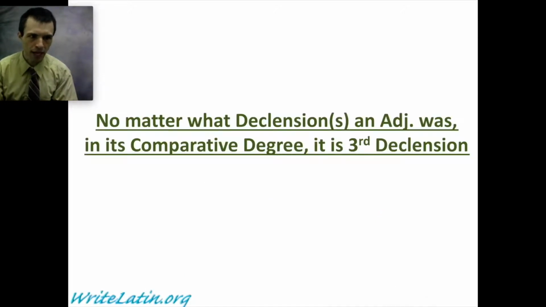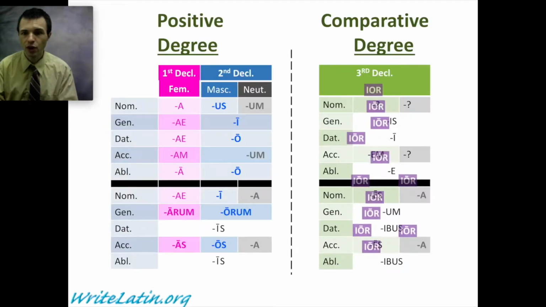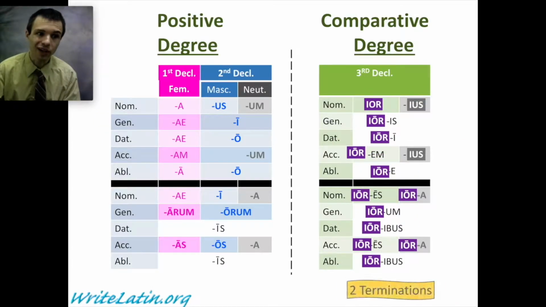Well, here's the main rule. No matter what declension an adjective was in its base level positive degree, was it a first and second declension adjective, or was it a third declension adjective, or something like that? No matter what it was, we are going to force it to be a two-termination third declension adjective of the format -ior and -ius.